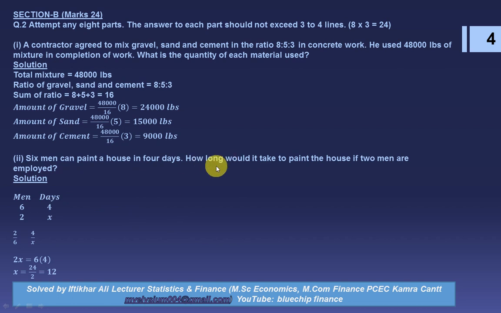How long? So days are missing here, so we place x here. It takes to paint the house if 2 men are employed, so 2 will be applied here. After that, just cross multiply this, so 2x equals 6 fours are 24, and x should be equal to 24 divided by 2 equals 12.